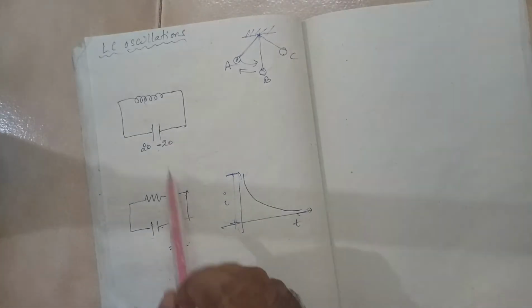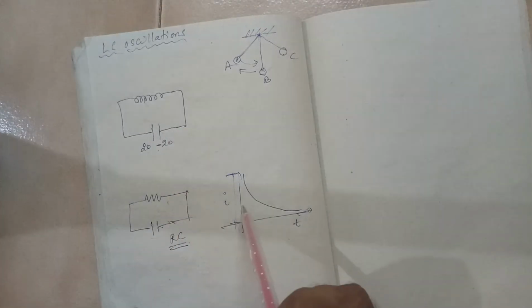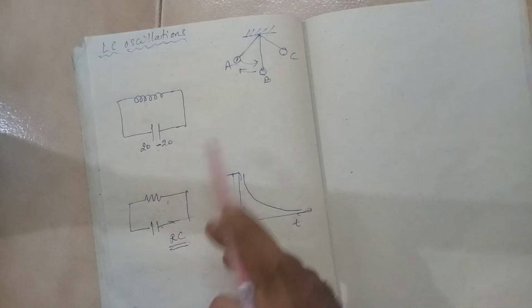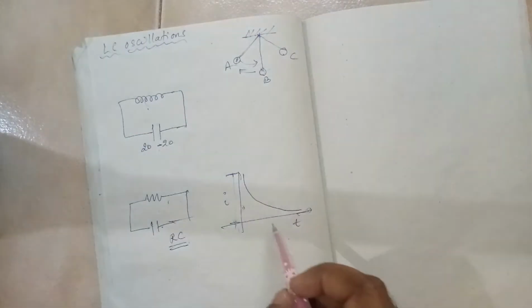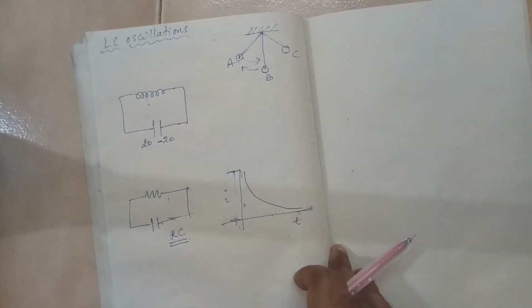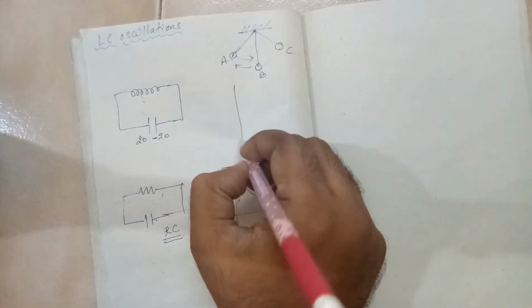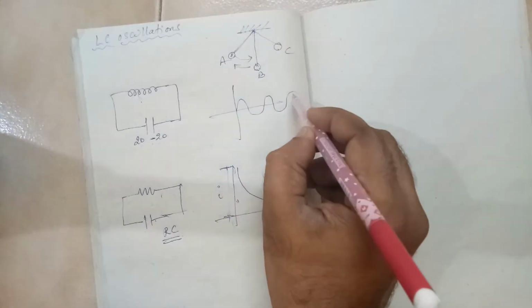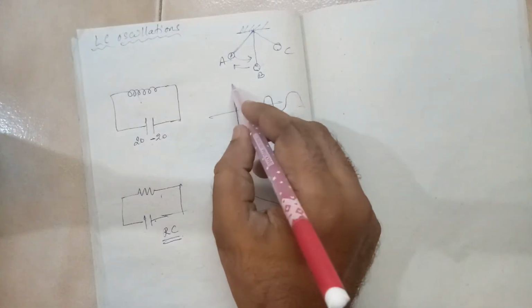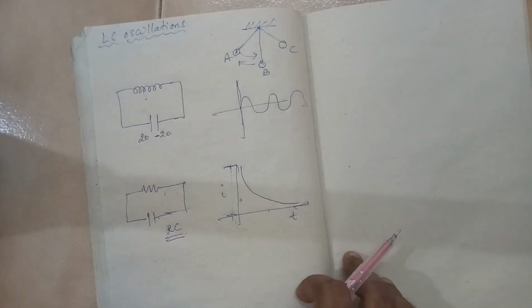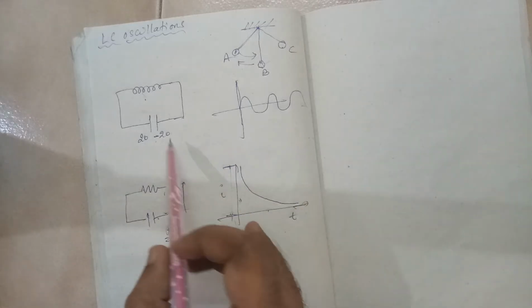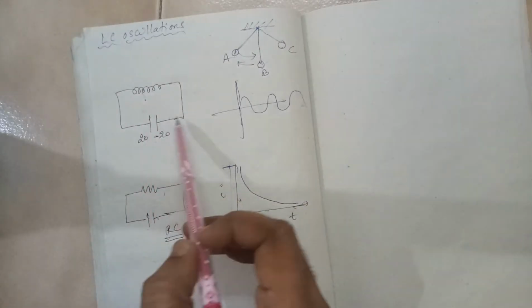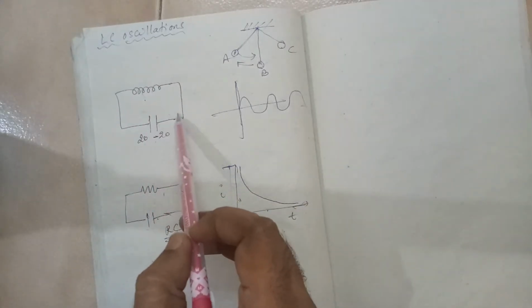But here the phenomenon is not like this. In the LC circuit, the phenomenon is not like this. It is observed that the phenomenon here is like a sinusoidal curve. Now the reason for that is, in an LC circuit, initially the charge will flow.